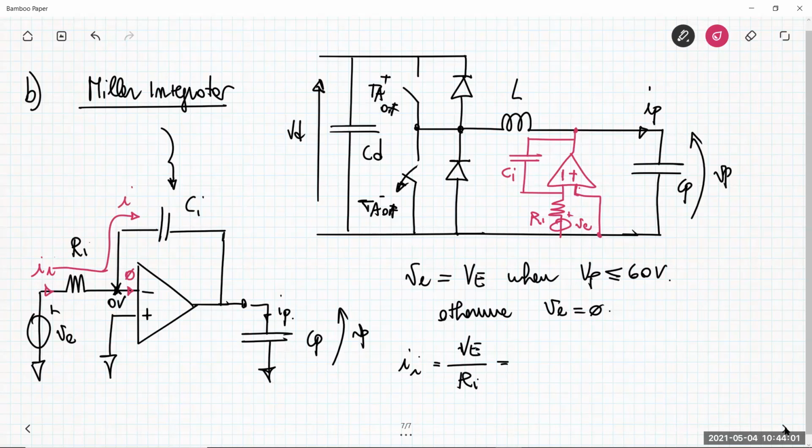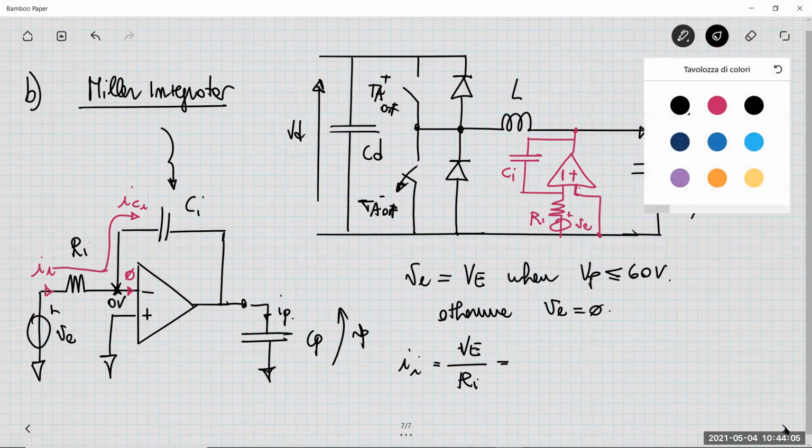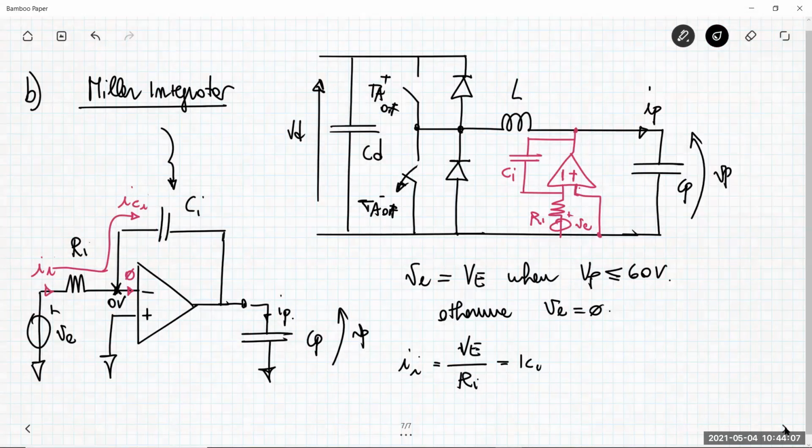So it becomes the current ICI, and ICI is a current flowing through a capacitor, so it is CI times dVCI over dt.